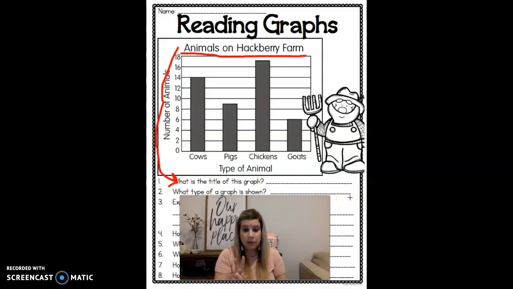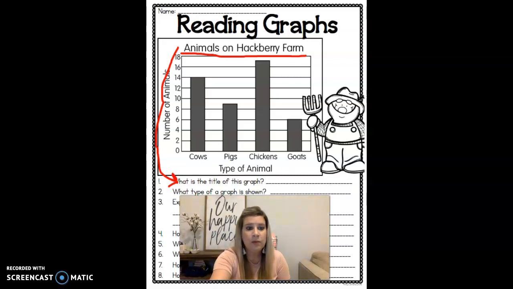Okay, number two we just talked about. What type of graph is shown? So let's think about that one more time. This week we're learning about a pictograph, which uses pictures to show data, or a bar graph, which uses bars to show data. And if we look again at the graph, it is using bars. So on number two, where it says what type of graph is shown, we have a bar graph.